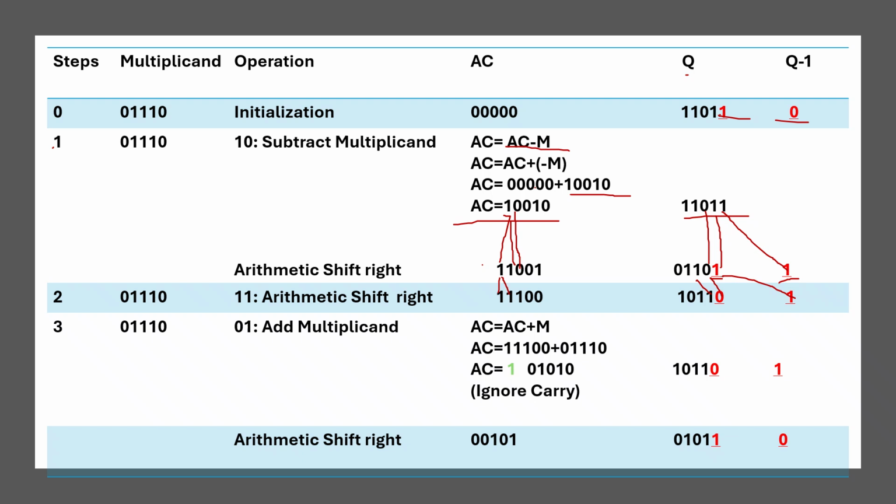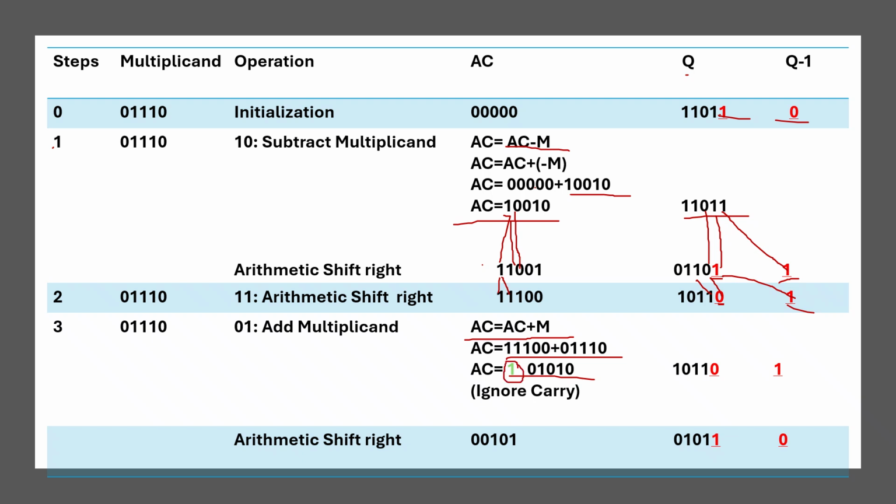Now moving to the third iteration, we check Q0 and Q minus 1. It is 0 and 1. Whenever we get 0 and 1, we perform AC equals AC plus M. After putting in the values of AC and M, the result is 101010. Since we are adding two 5-bit numbers and get 6 bits, the carry bit is ignored.